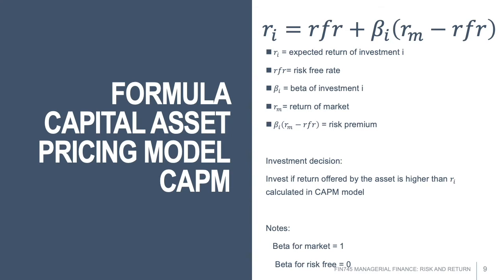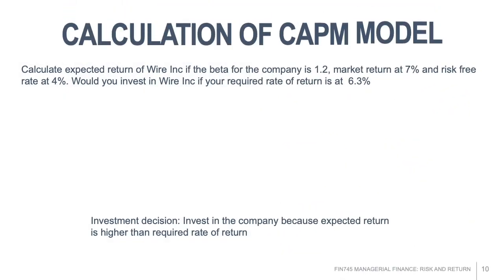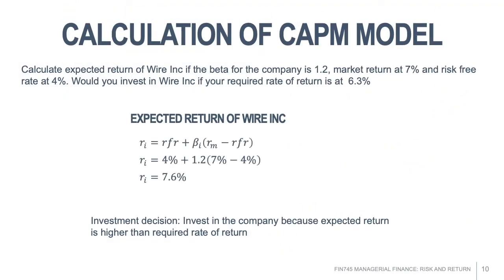This is an example of how to calculate return by using the CAPM model. Calculate the expected return of Wire Incorporation if the beta for the company is 1.2, market return is 7%, and risk-free rate is 4%. Would you invest in Wire Incorporation if your required rate of return is 6.3%?